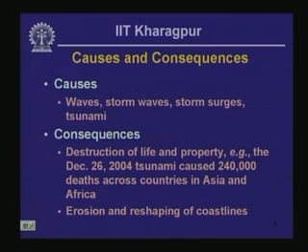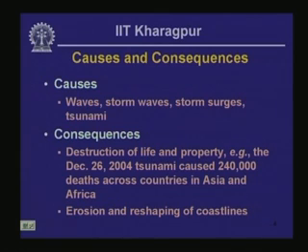So first of all, what are the causes of shoreline hazards? Shoreline hazards are primarily due to wave action, and the wave action could be normal wave action because of the normal water level, or the waves could be more significant, such as those that arise during storm events.